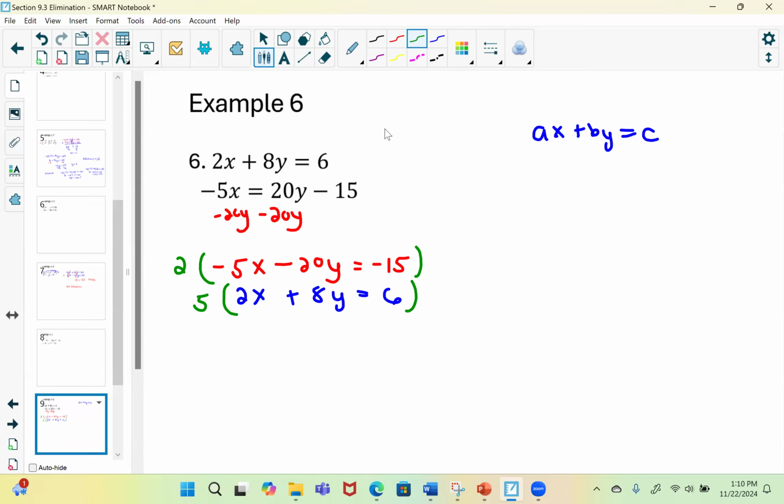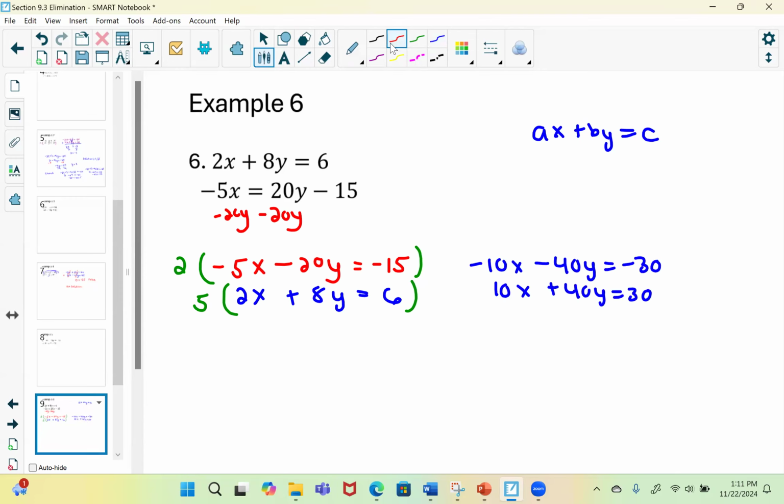And what that will result in is both of them being 10. If I multiply them by each other, I will always get them to be the same number, kind of like when we got a common denominator. So this is negative 10x minus 40y equals negative 30, and this is positive 10x plus 40y equals 30.